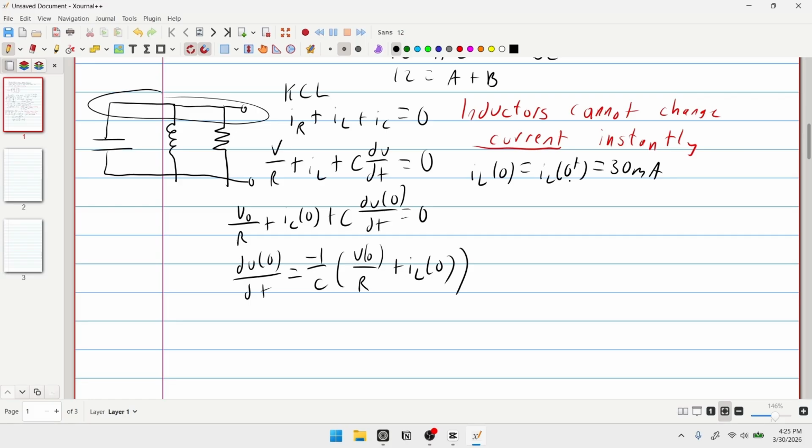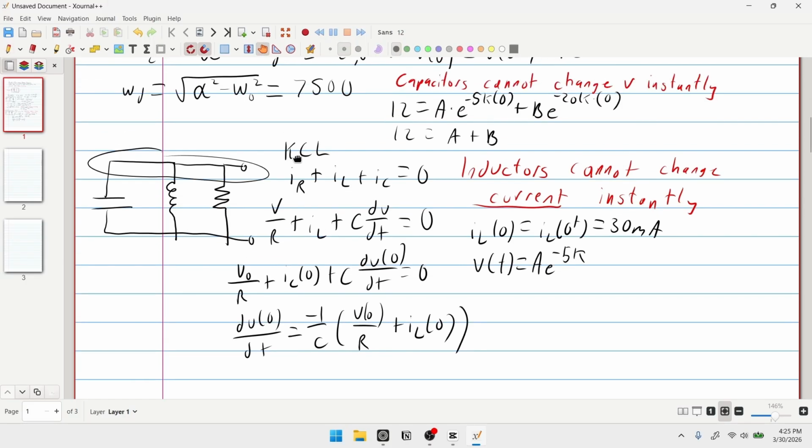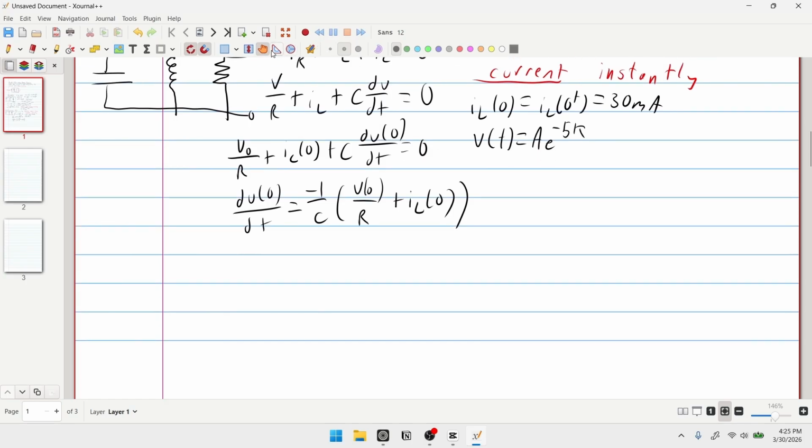And so let's bring in our form equation, which was V of t equals A e to the negative 5k t plus B e to the negative 20k t. Alright, so let's derive it.